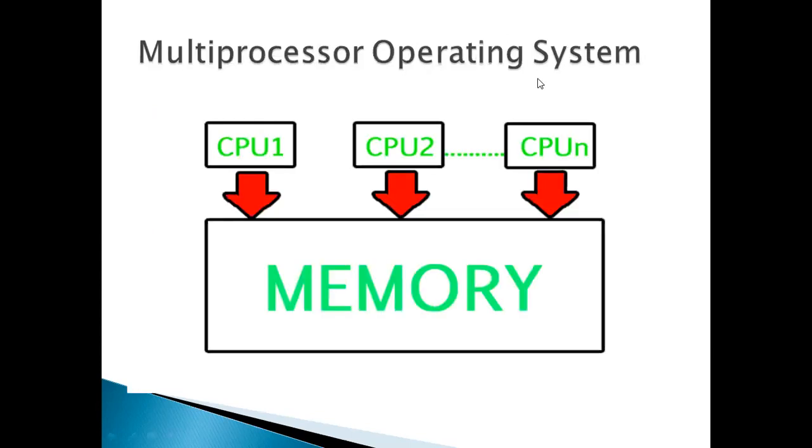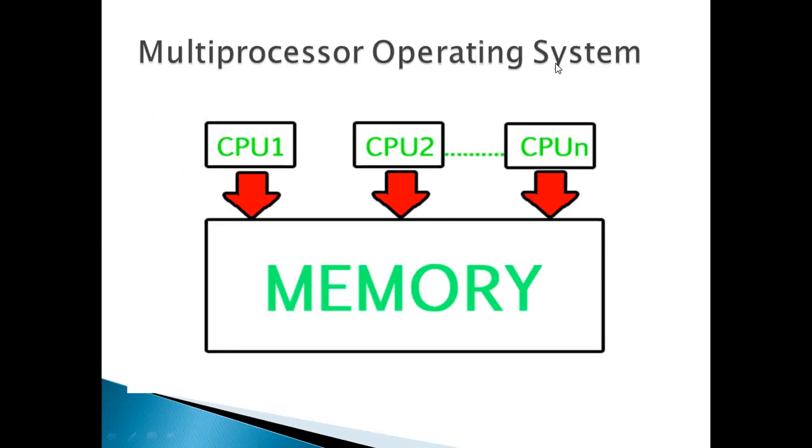Now look at this diagram. What can you detect from it? You see CPU1, CPU2, and a number of CPUs. But what is common here? Memory. So depending on this diagram, how can you define a multiprocessor operating system?